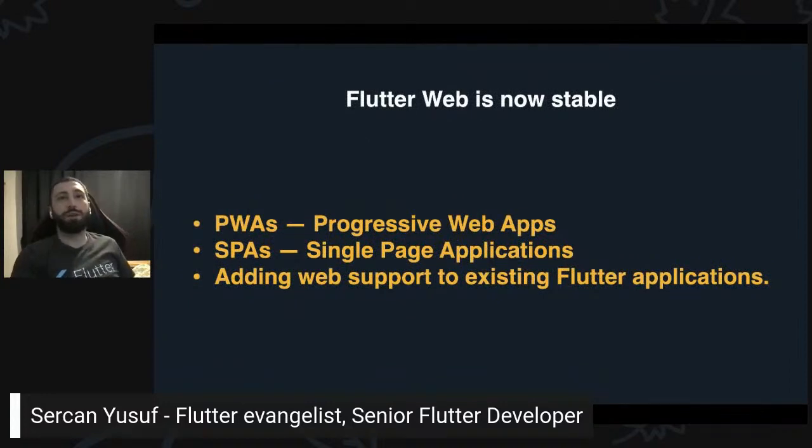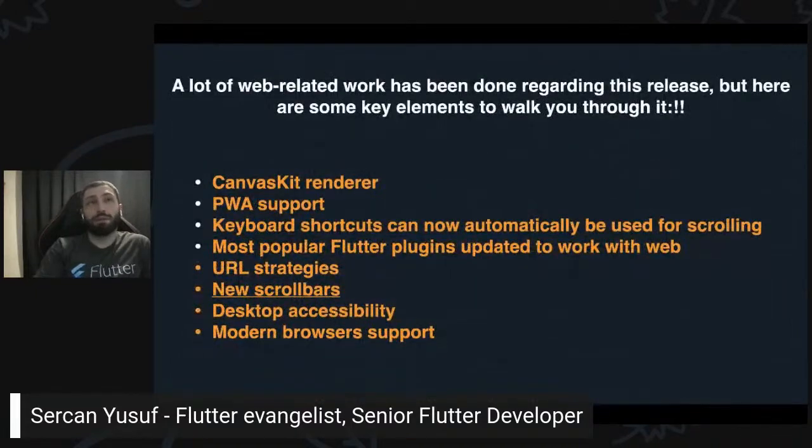So what are the great things about the web part? Now you can develop progressive web apps with Flutter, or single page applications, and you can add it to your existing projects.